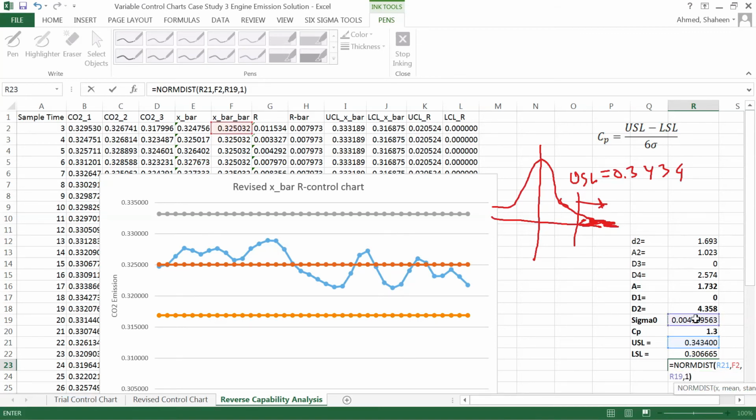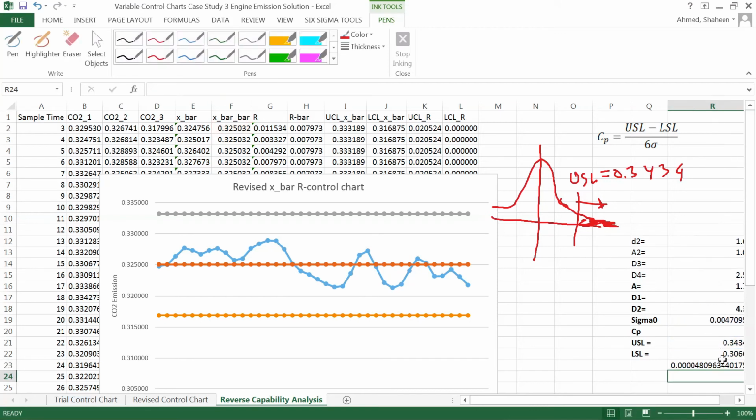Now this will give you the area all the way from the left to this point, the upper spec limit, but we want the area on the right side of that. So this would be the probability of x greater than the upper spec limit. That's what you're looking for here.